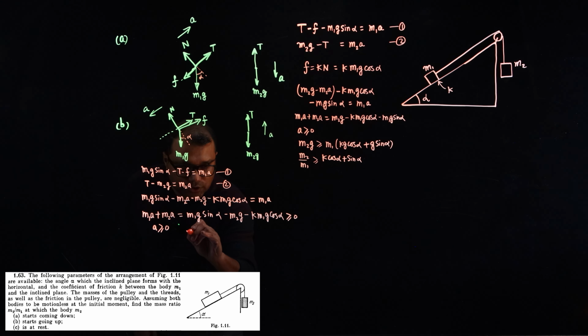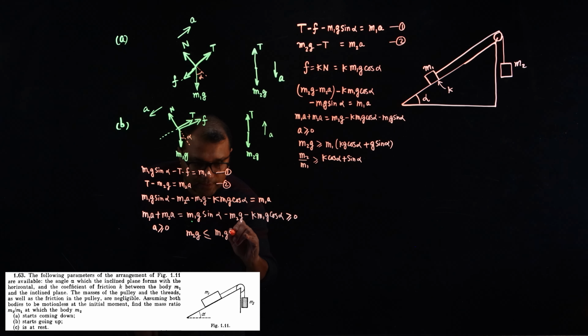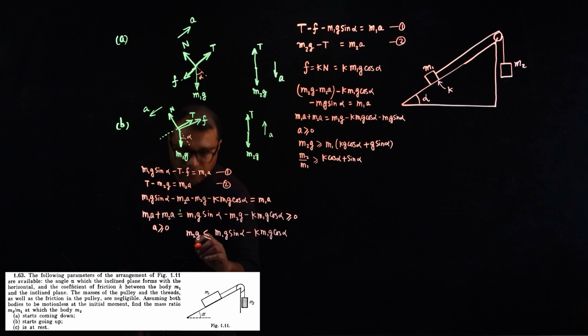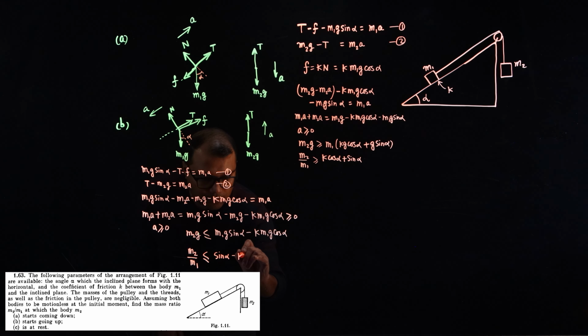Now M2G, if I take it that side, will be less than or equal to M1G sin alpha minus K M1G cos alpha. G we can cancel. So M2, and let's take M1 common and bring it that side, will be less than or equal to sin alpha minus K cos alpha.